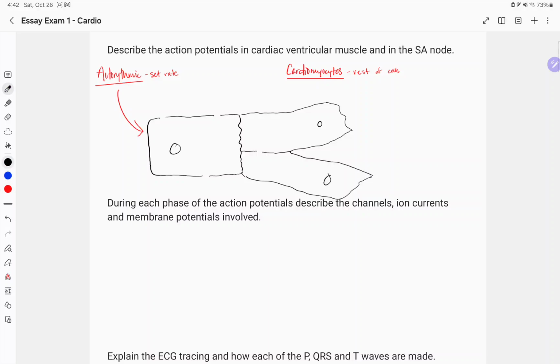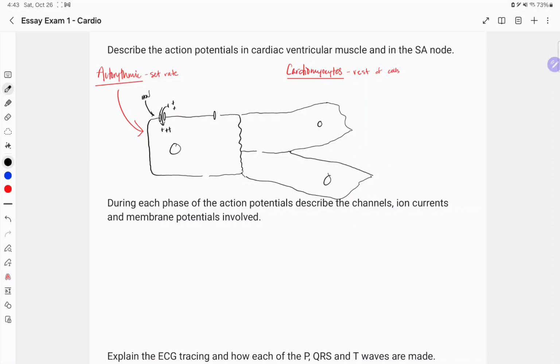And in autorhythmic cells, we're going to have these channels that we refer to as funny channels or HCN channels. And those channels are going to open as the cell becomes more negative, and they're going to let in cations. So we're letting in positive charges into the cell. So the more negative the cell is, the more positive charges are going to be let in. Well, what's that going to cause? Depolarization, right? Because you have more positive charges coming into the cell.